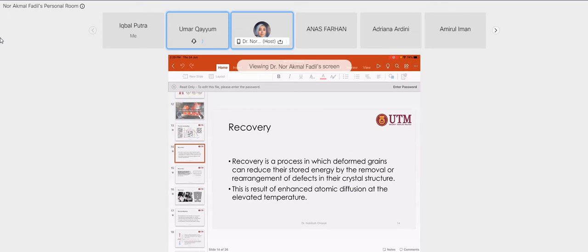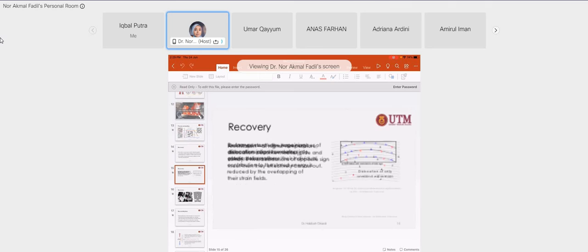Recovery is where the process reduces the stored energy. Stored energy is basically similar to the residual stress. Residual stress is a quantitative value with which we can determine the stored energy inside after the cold working process. So what happens in recovery is when there is induced heat.